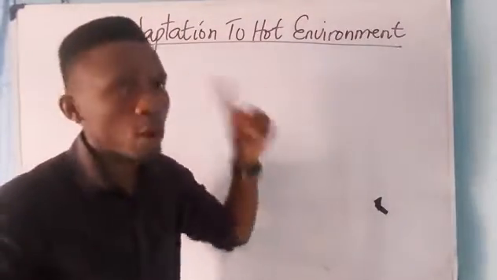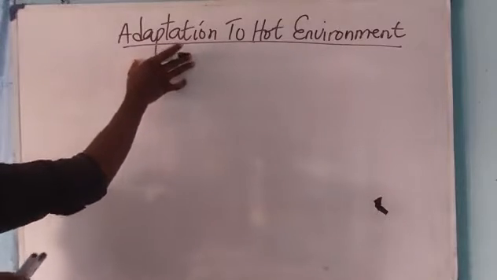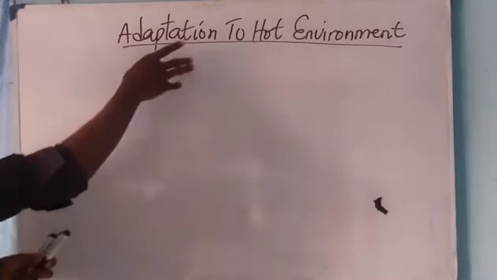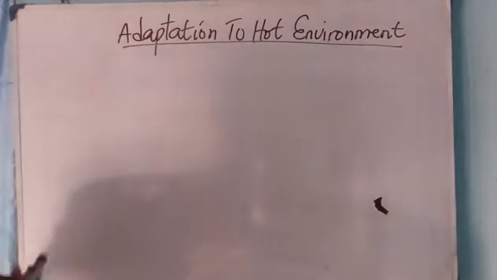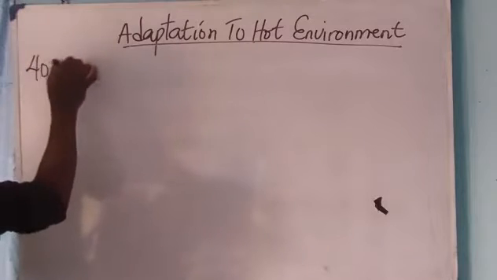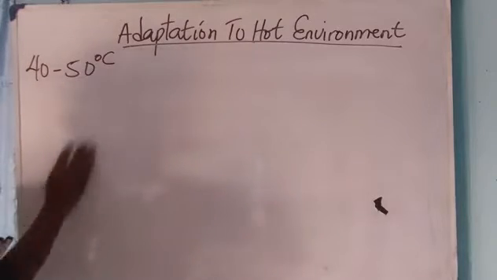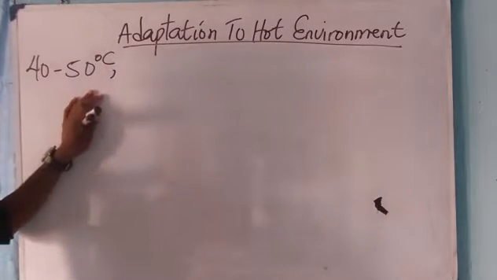Now, in the tropical region of deserts, the temperature is very, very high. During the day, the temperature can be as high as 40 to 50 degrees Celsius. But at night, the temperature can fall drastically.